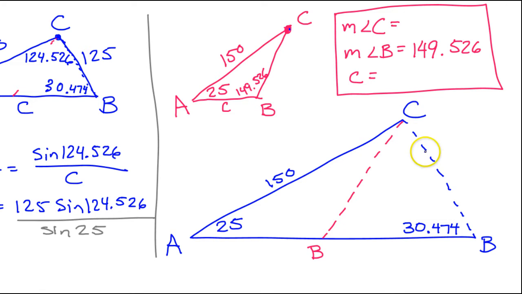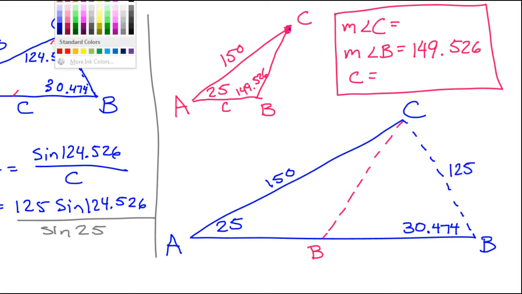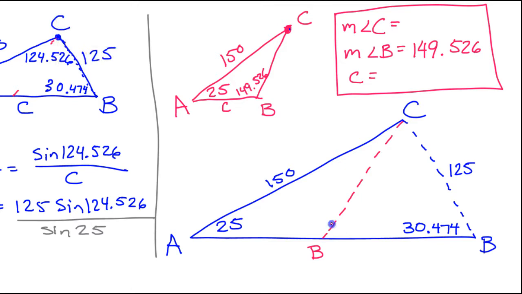Now we're imagining swinging this side inward, and it's going to be here. But of course, these are the same length. So this side A was 125. So this is 125. But this side here in red is the same side. We're just swinging it inward. So this is also 125.